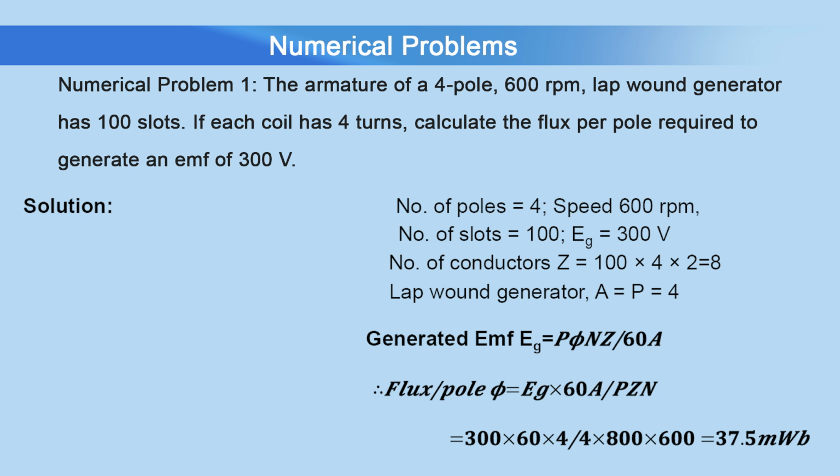In this question, all the values are given except the flux per pole, so by substituting the values we find the value of flux per pole.